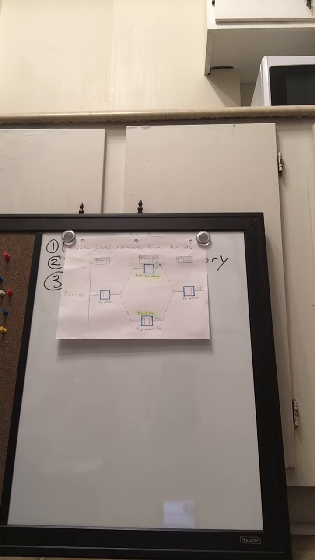So, in other words, if we look at this diagram here, we see the electrons, right? So here's one electron and here's another electron.